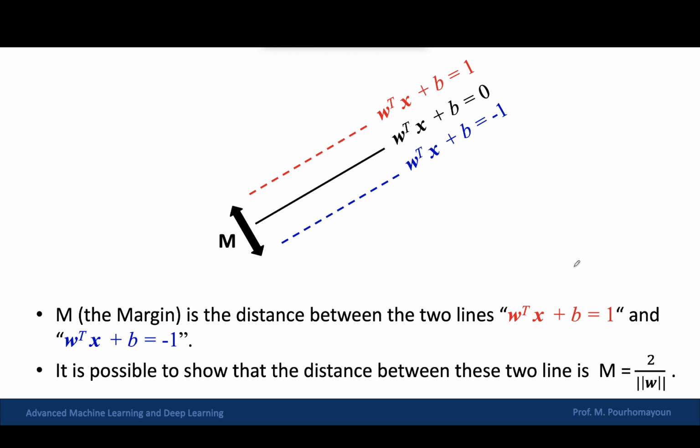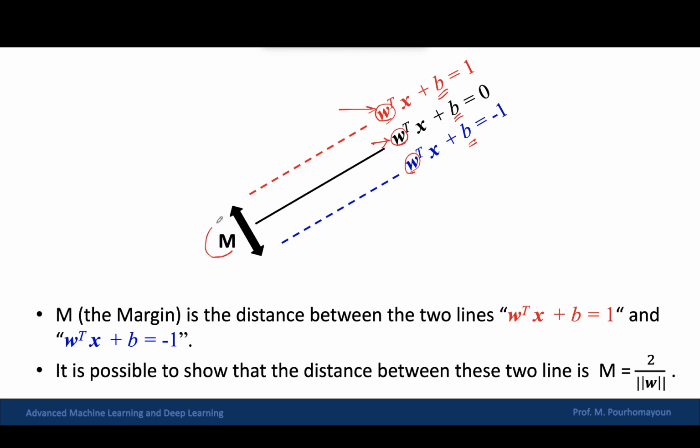So now I have this line and that line. So remember that W and B are the same things, okay? W and B are the same. So if I find W and B for one of these lines, for example for this red one, then I have this one too. Okay, these are just a little bit shift of the original one to the left and right.